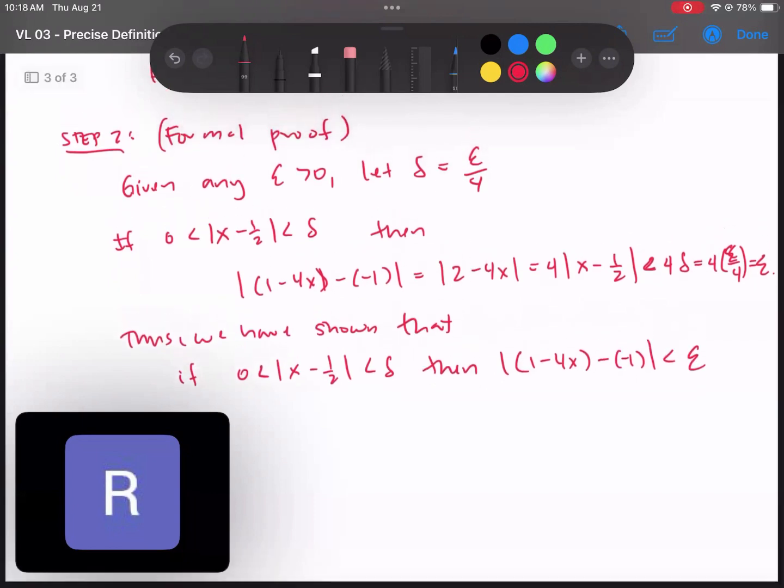Okay. Therefore, the limit of 1 minus 4x as x approaches 1/2 is equal to -1.